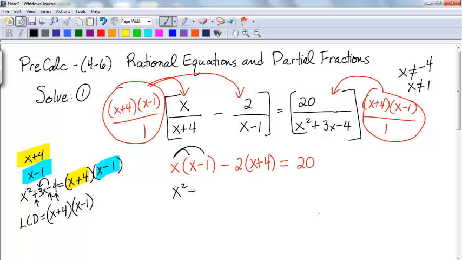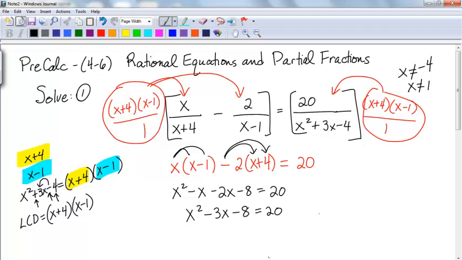X times minus 1 would be a minus 1x. Negative 2 times x would be a negative 2x. Negative times a positive would be a negative 8, equals 20. Agree with my arithmetic? Okay, and I get x squared minus 3x minus 8 equals 20.